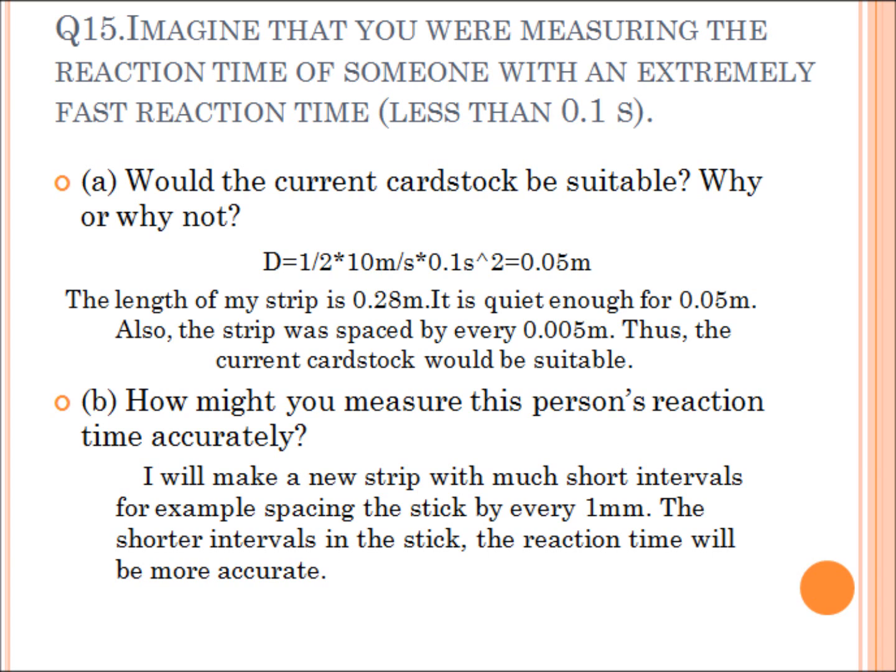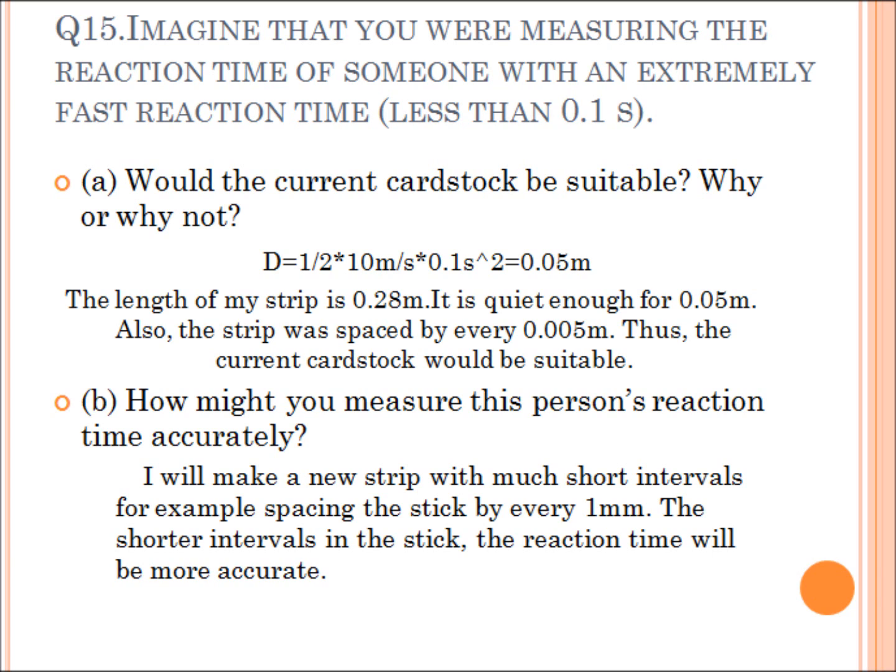It is equal to 0.05 meters. The length of my strip is 0.28 meters. It is quite enough for 0.05 meters. Also, the strip was spaced by every 0.005 meters.